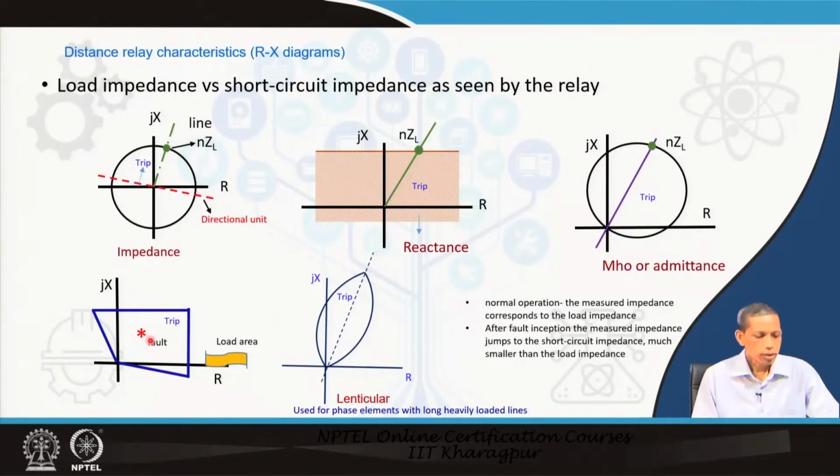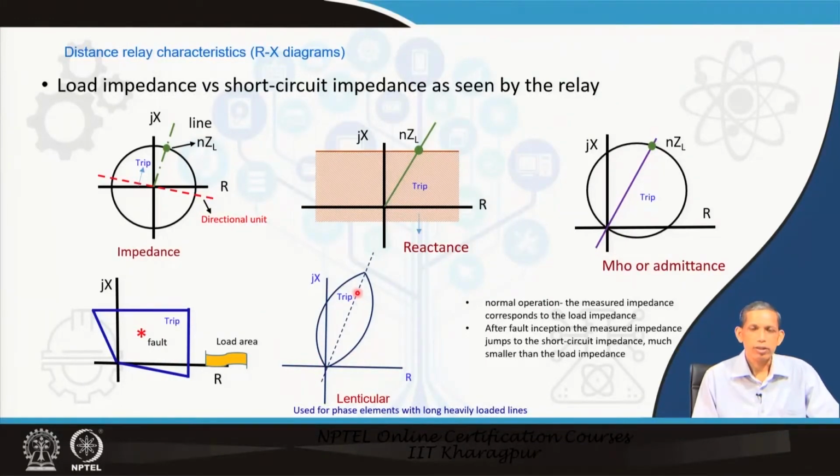The other one is the quadrilateral characteristic. As the name suggests, there are 4 boundaries here, R and jX, and this is the trip region. Whenever a fault happens, it will be inside and the relay will take a decision.